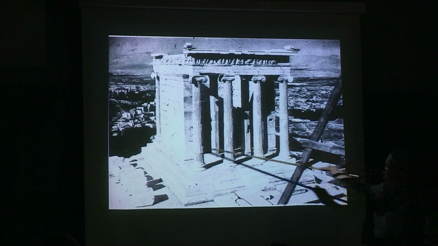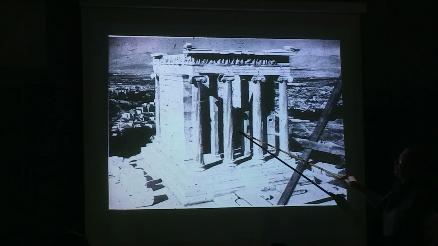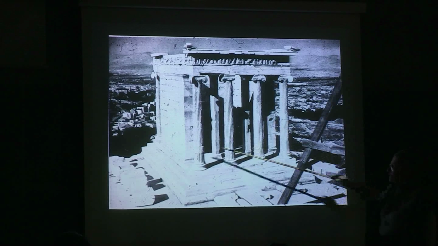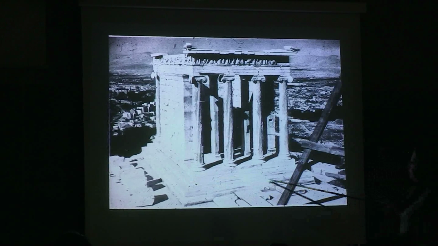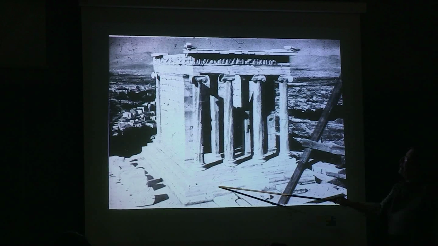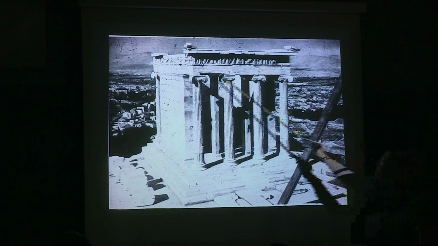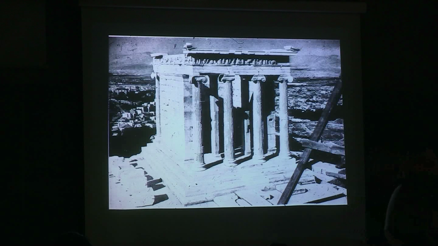The columns don't envelop the temple, the chamber of the goddess, but the unity is maintained by the steps which envelop the temple on all 4 sides at the bottom, and then the frieze which wraps around the temple on the top.